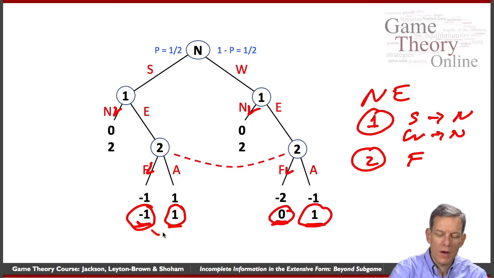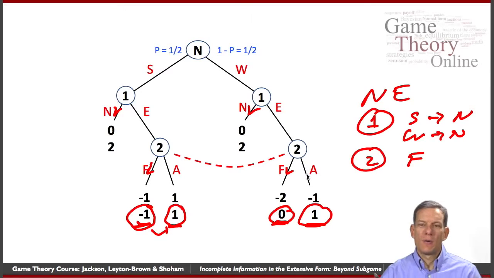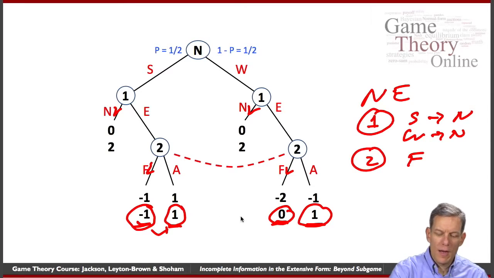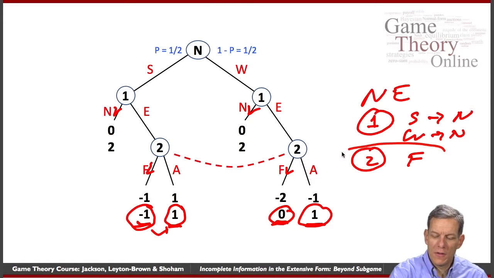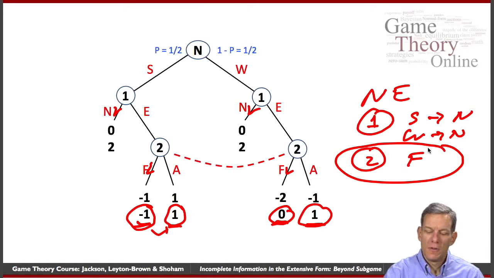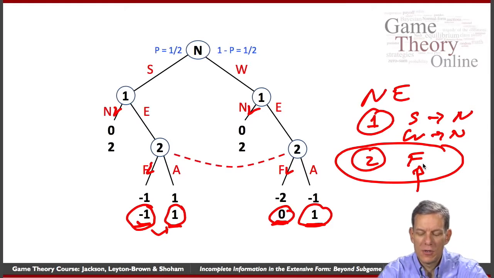So no matter what the type of the firm, 2 should really acquiesce, right? They get a higher payoff from that. So this is somehow not credible. So we're losing credibility, but it's still consistent with Nash.